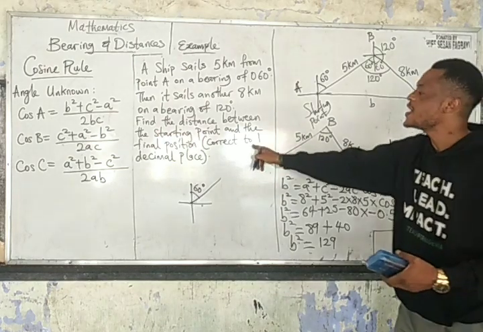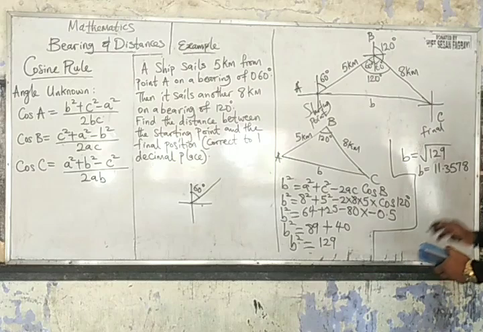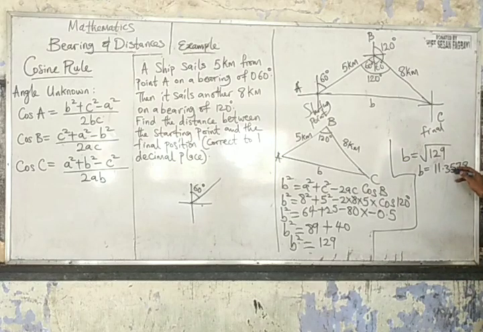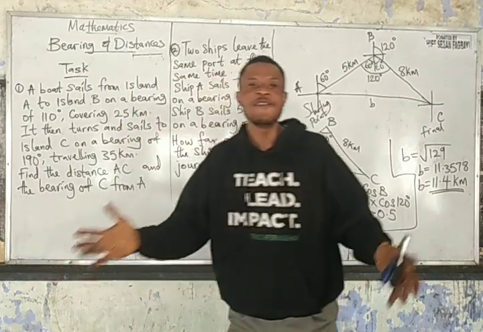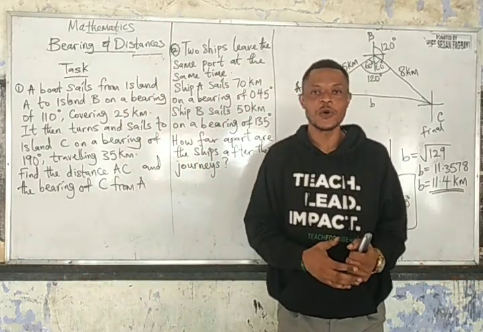We are meant to leave the answer to 1 decimal place. So leaving this one to 1 decimal place, this 5 becomes 1. We add it to this 3. The B becomes 11.4 kilometers. Easy. It's been a very long journey, but it's not over yet.